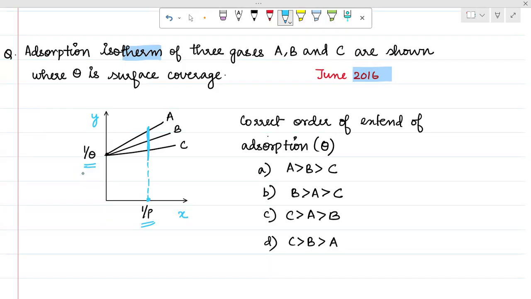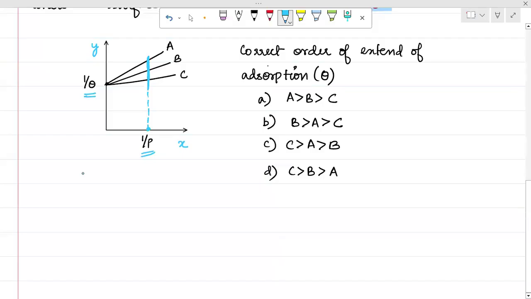So at this value of pressure, at this value of 1 by P, what is the order of 1 by theta? 1 by theta takes the order, see, this is the highest, and then this one, and then this one, and then this one, correct? So 1 by theta at a particular value of pressure.